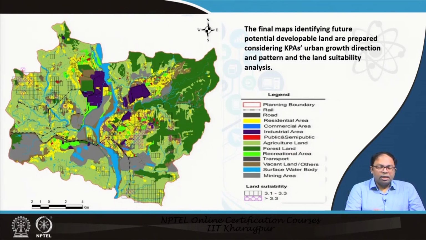Gray areas are the dumps for the open cast mines, and this color over here represents the industries. So now we see that these particular cells where we see a hatch pattern are the areas which are suitable, and these are some of the areas where we suggested future land use extension or future land use development for this area.